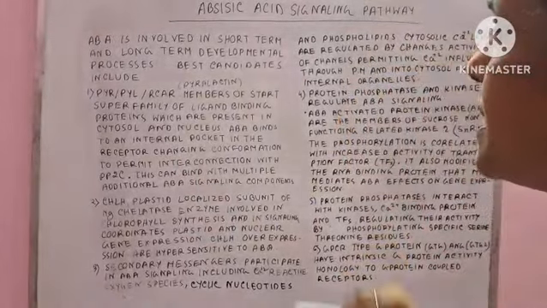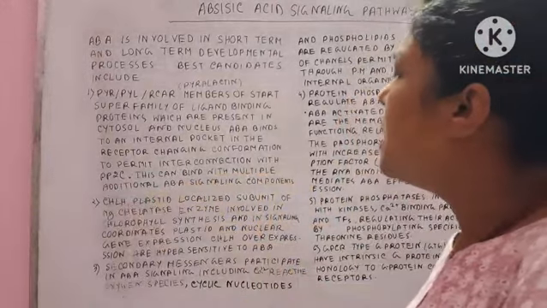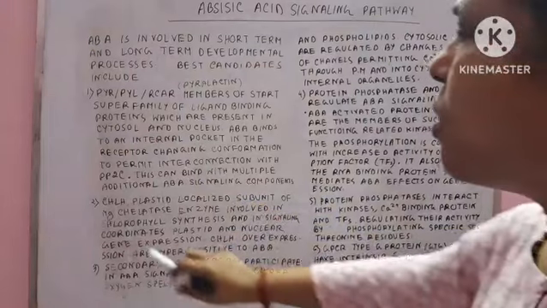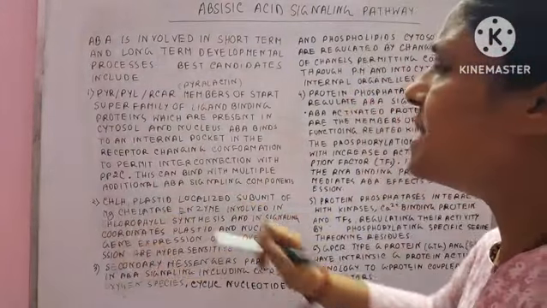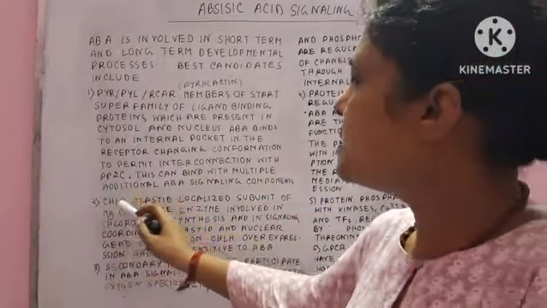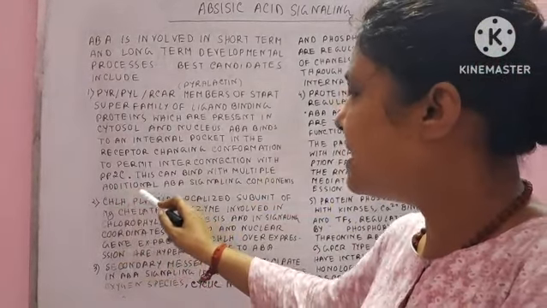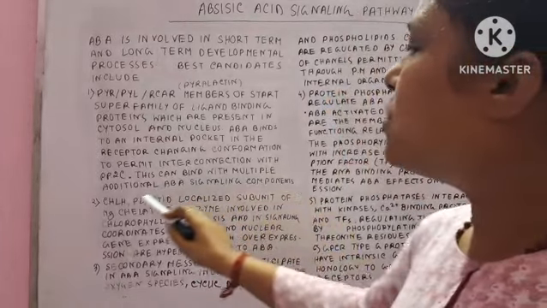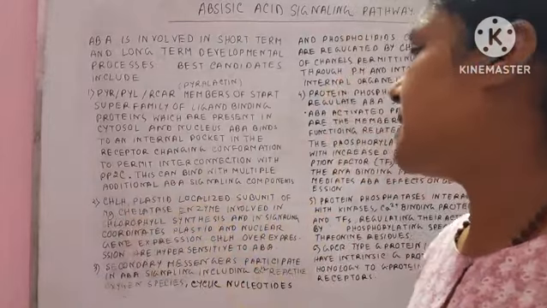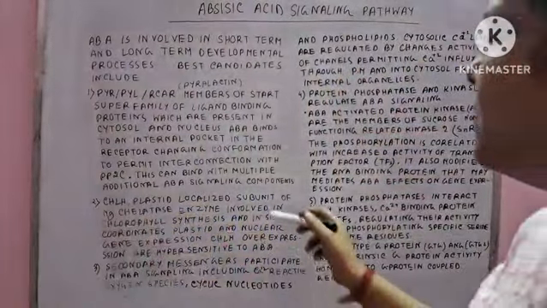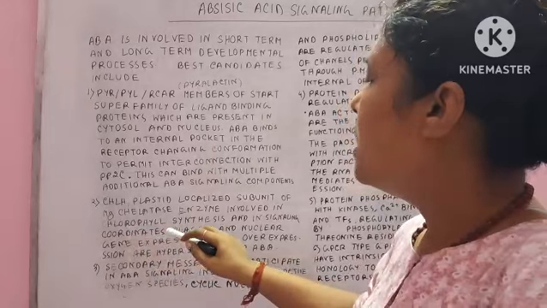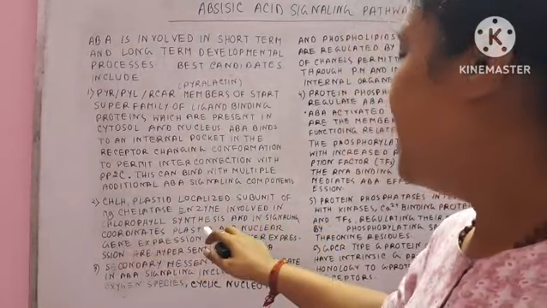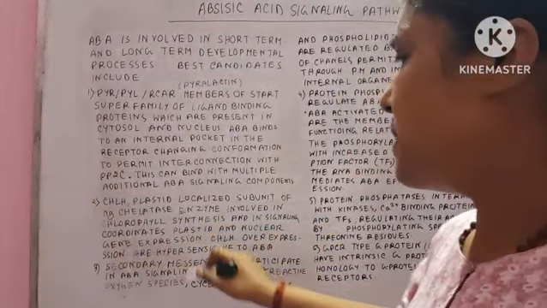Next one is CHLH. This is the plastid localized subunit of the Mg chelatase enzyme. This is present generally in the plastid, one organelle, and it is involved in chlorophyll synthesis and in signaling that coordinates plastid and nuclear gene expression.